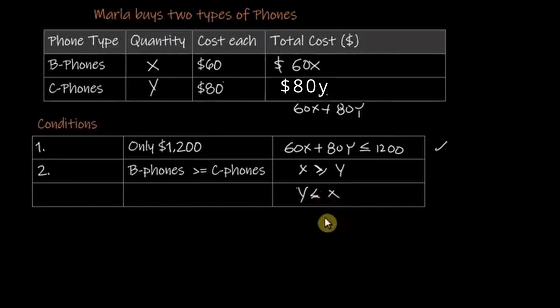And we would now like to represent this information on a graph. So how do we go about doing this? So first, let us rewrite equation 1 using an equal sign. So let's take the first condition and write as 60x plus 80y is equal to 1,200.